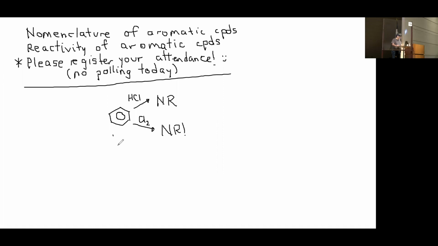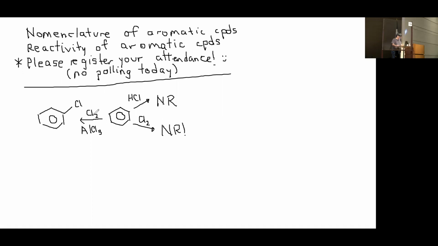Next time we will find that, in fact, you can get benzene to react with chlorine or bromine, but you have to add a catalyst. It has to be either aluminum chloride or iron(III) chloride. Even then you don't get an addition reaction, you get a substitution reaction in which we replace one of the benzene hydrogens with a chlorine.